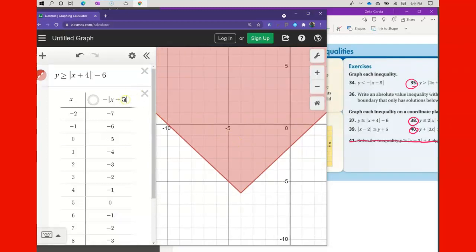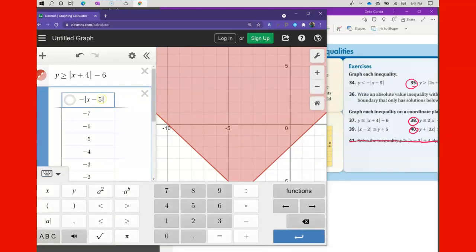And once again, if you want to write the equation so you can get your points, you can always do that. You have x plus 4, right? X plus 4, and then it's minus 6, and so you'll see the points that are on the graph here.